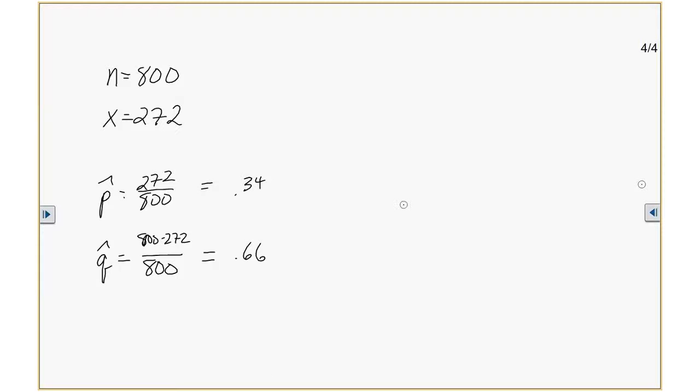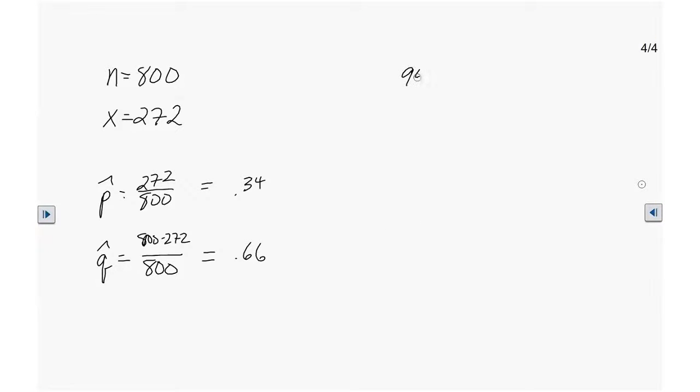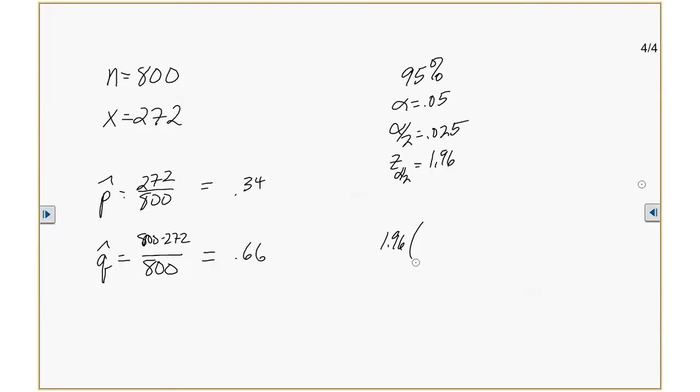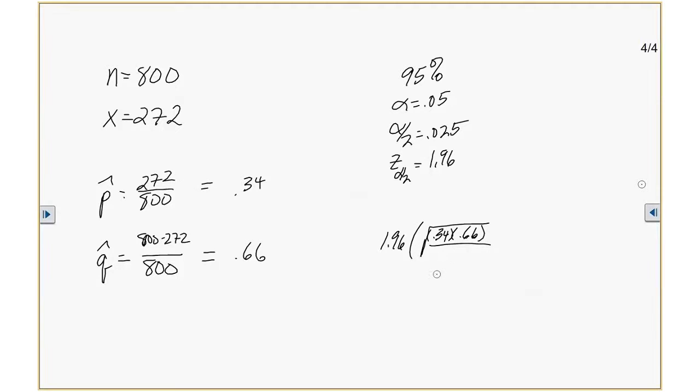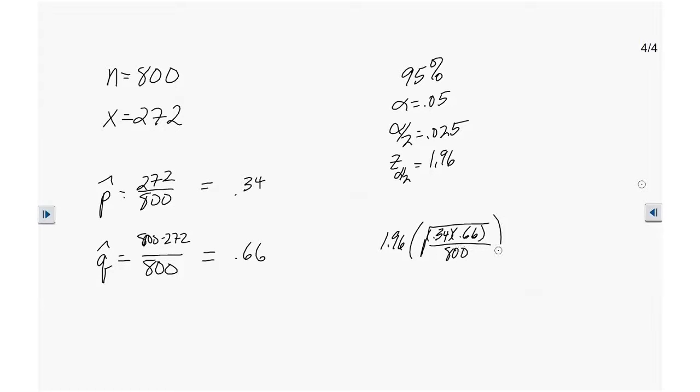So we want a 95% confidence level, alpha is equal to 0.05. Alpha over 2 is equal to 0.025. So z sub alpha over 2 is equal to what? 1.96. So that's going to be 1.96 times the square root of 0.34 times 0.66 over 800, and crank that out.